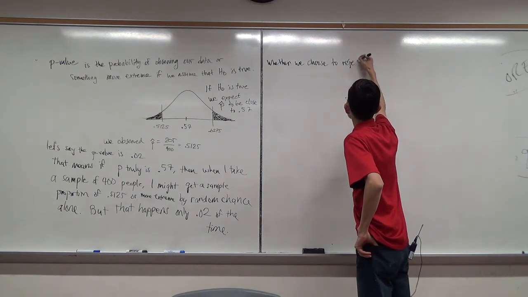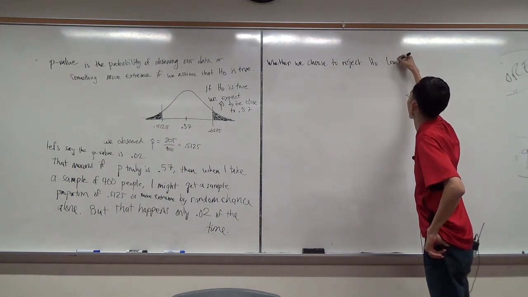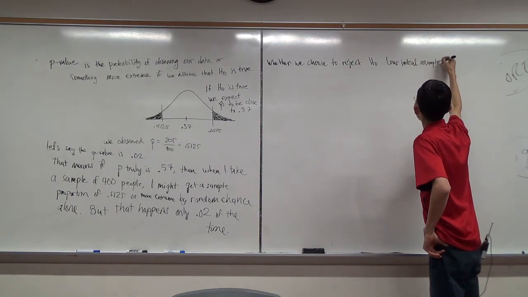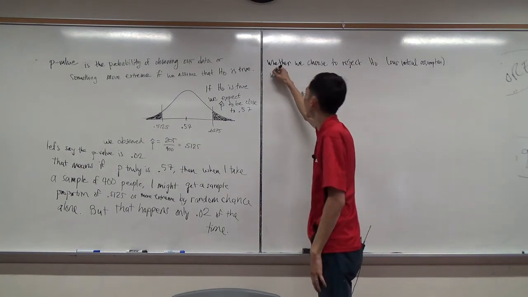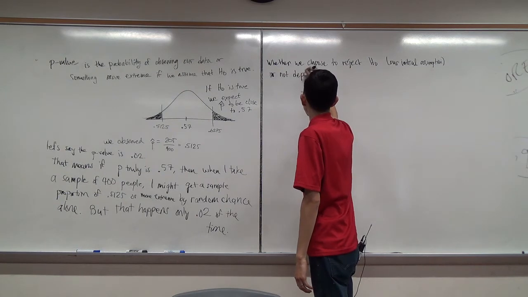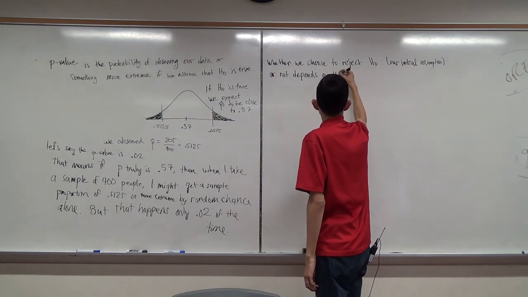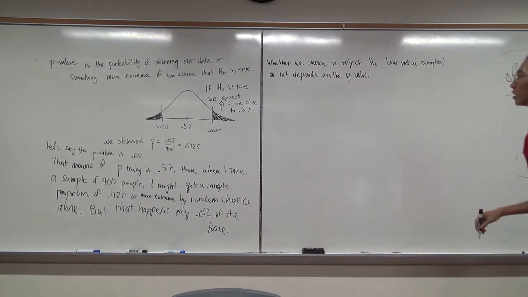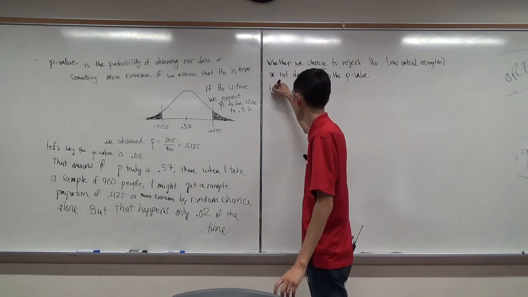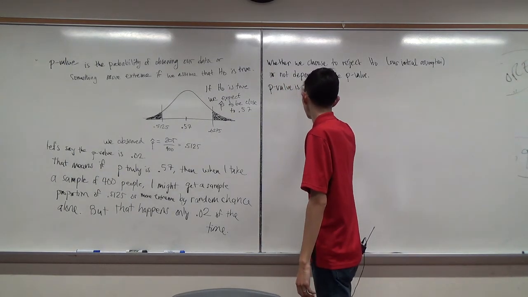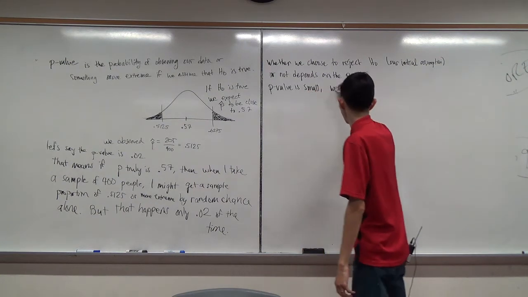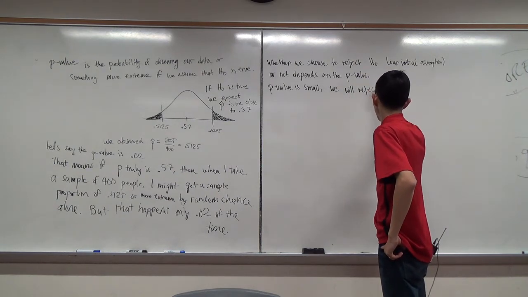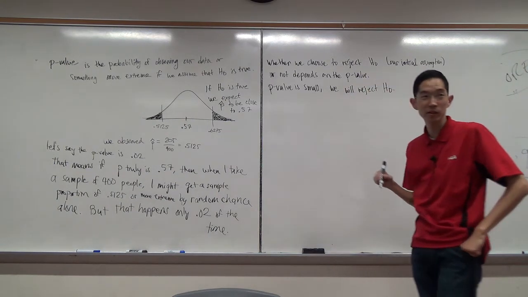To reject H0, basically our initial assumption, if the p-value is small, we will reject the null hypothesis.